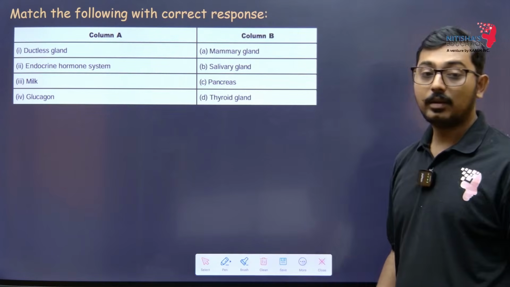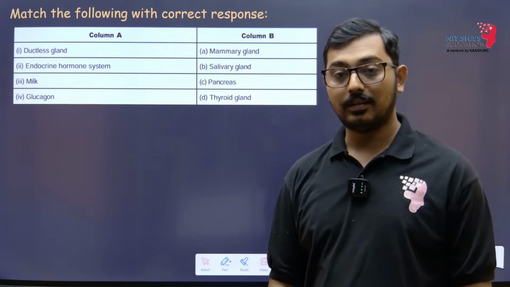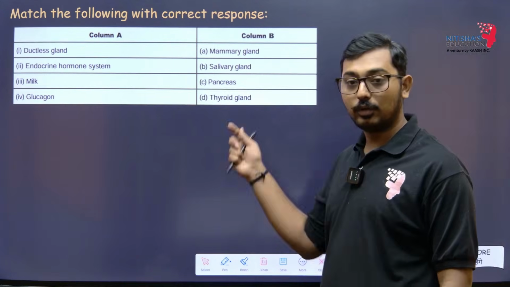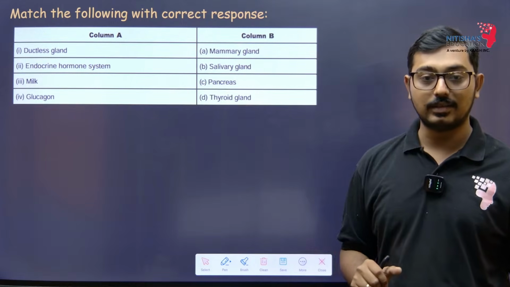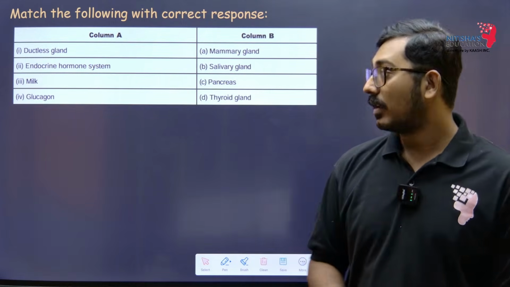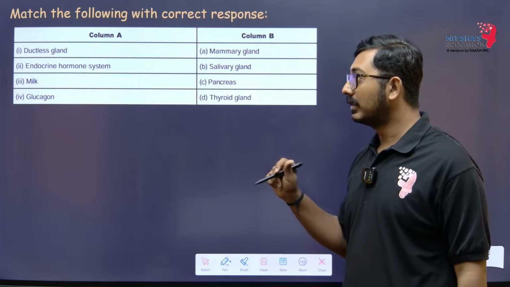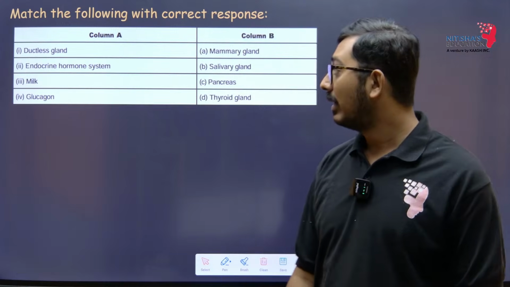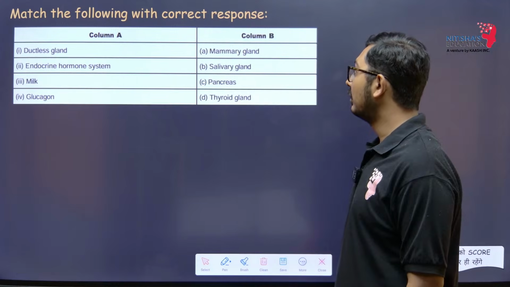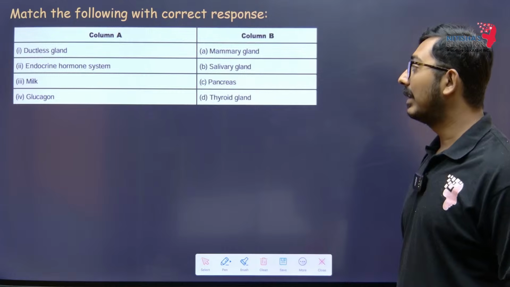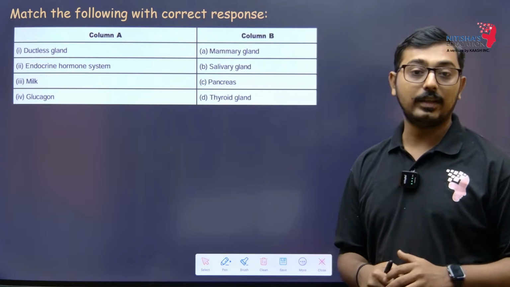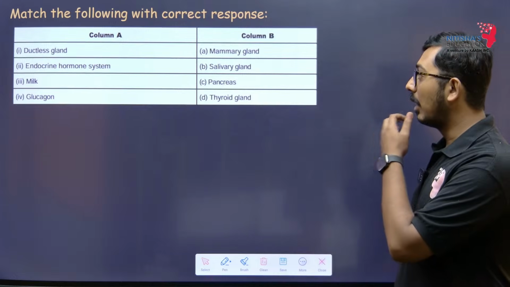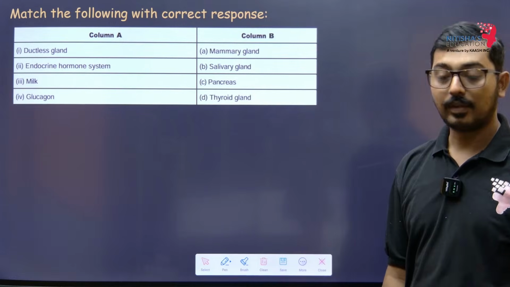Next, match the following with correct responses. If you know the answers, you can also provide your answers in the chat box. I hope you will all be giving right answers. Next question is match the following. Ductless gland: which would be the appropriate option among A, B, C and D?